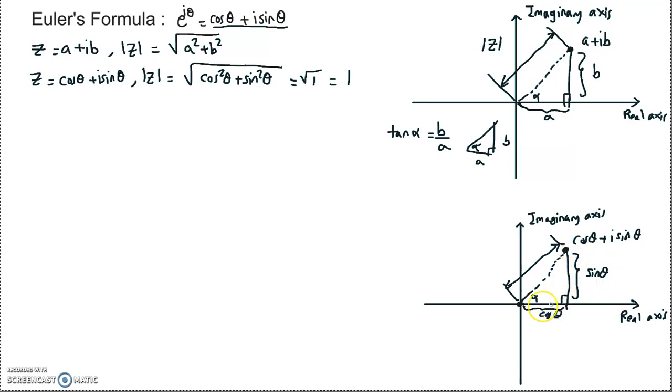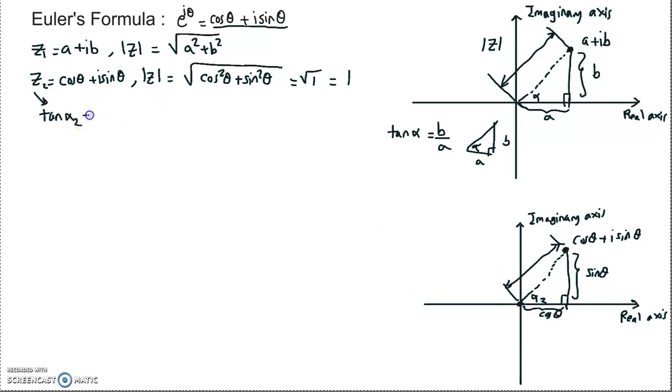How about this triangle here? Let's call this z1 and let's call this z2. And let's call this angle alpha 2.